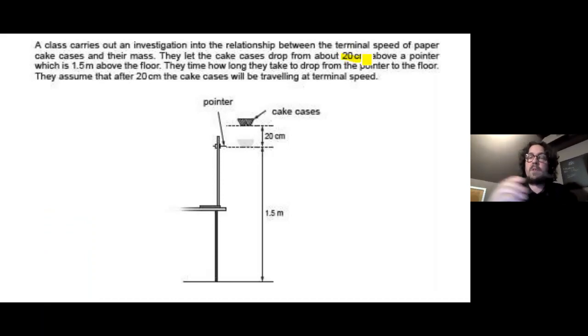That's a bit of important information, above the pointer, which is 1.5 meters above the floor. They time how long they take to drop from the pointer to the floor. Assume that after 20 centimeters, the cake cases will be traveling at terminal speed, which is really what we just discussed. So there's a nice diagram of that.